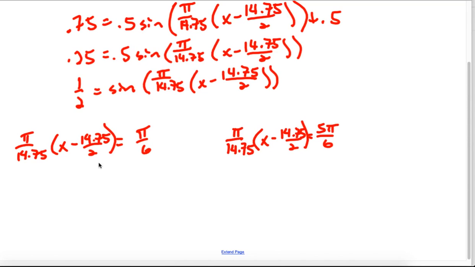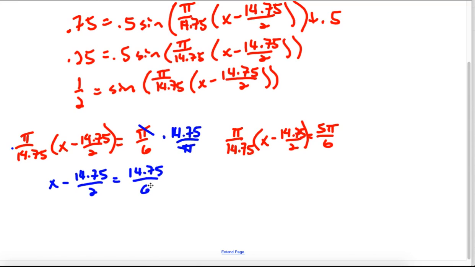So if I multiply both sides by the reciprocal here, this 14.75 over pi, that would cancel out, and we would just be left with x minus 14.75 over 2 equals, the pi's would cancel, and that would just be 14.75 over 6.